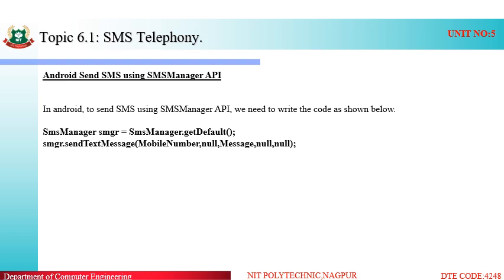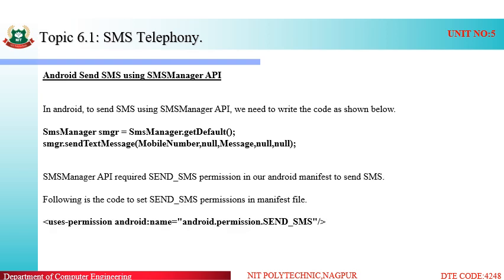Wherever we have specified null, it is because we are using getDefault, that is the default functionality, the basic services, therefore we have specified null there. So we have to give the mandatory fields, that is the mobile number and a message. So in this way we can send SMS using the SMS manager API.